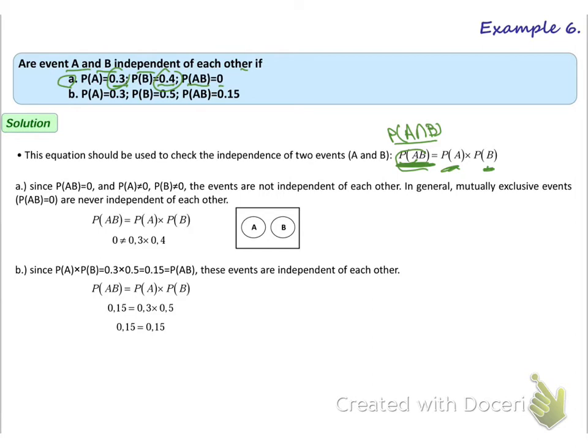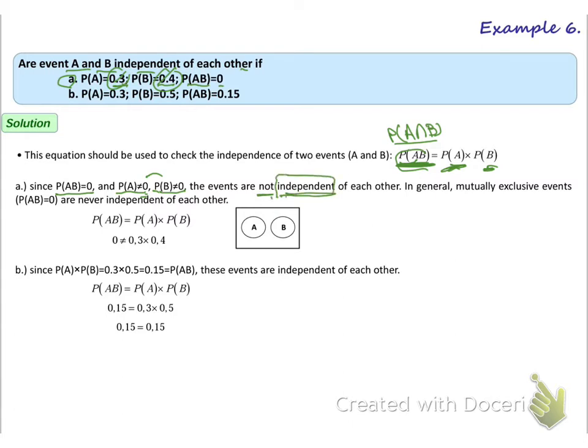Because this is not 0 and this is not 0, the multiplication cannot be 0. So here, since the probability of AB equals 0, the probability of A is not 0, and the probability of B is not 0, the multiplication of them cannot be 0. So it is not independent. We cannot call it dependent; it's called independent or not independent.